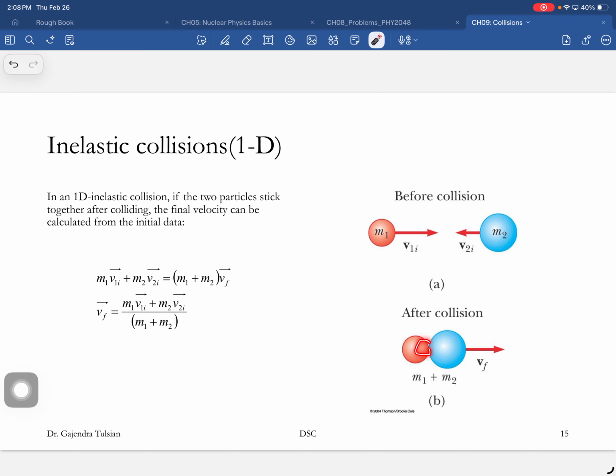And if the objects stick together, they're going at a very specific velocity. This velocity is equal to the total initial momentum divided by the total mass. So if they stick together, that is the velocity at which they have to be going. And we'll do this experiment in lab.